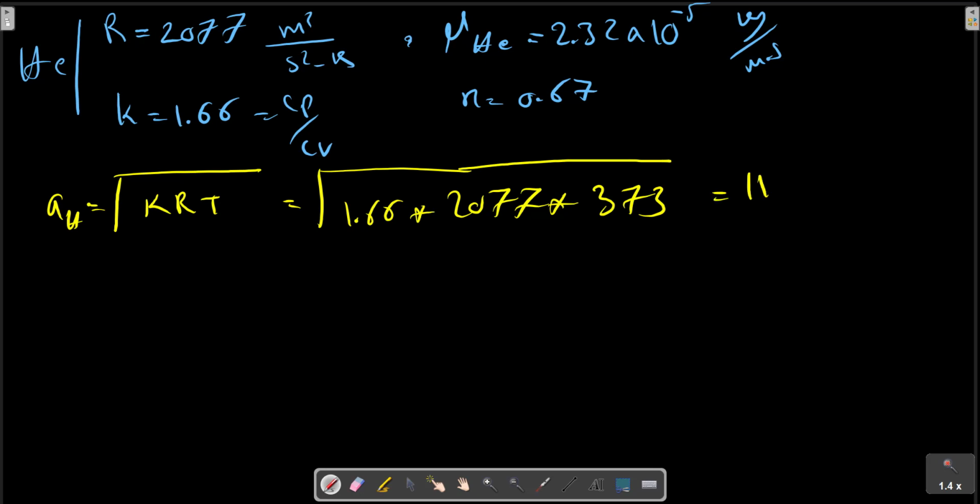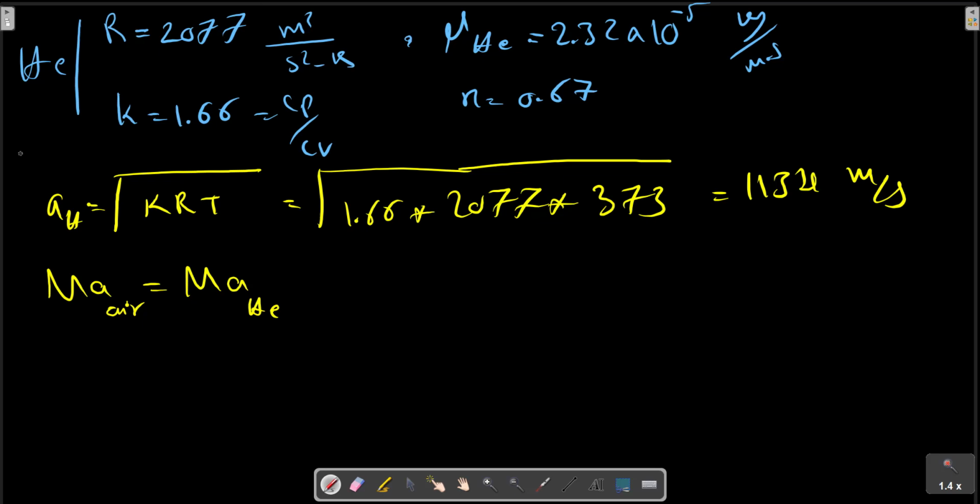We can obtain the Mach number for air, this is for prototype, and for helium model.